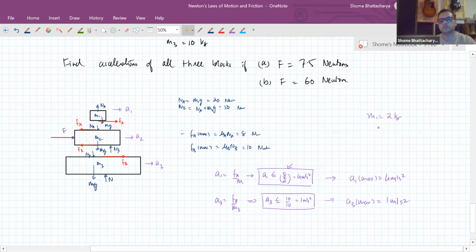M1 was 2 kilograms, M2 was 3 kilograms, M3 was 10 kilograms. This coefficient was 0.4 and this other coefficient was 0.2. So make sure you understand these two maximum values, then we will proceed from here.